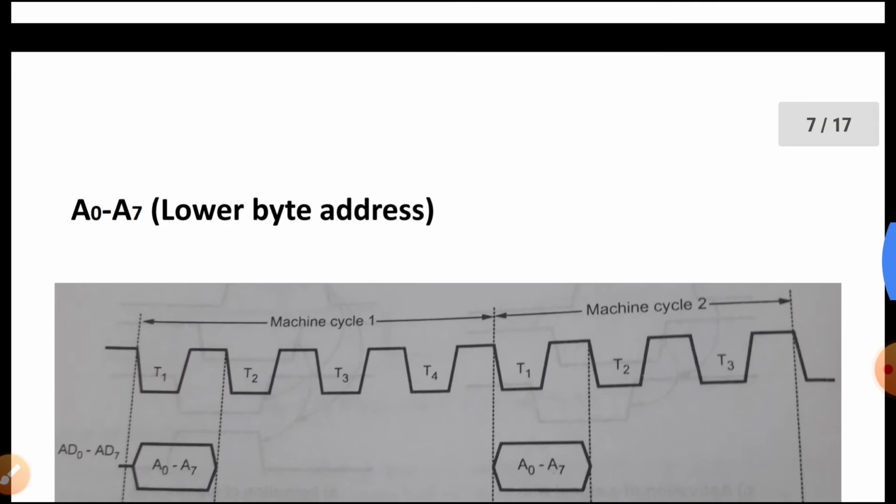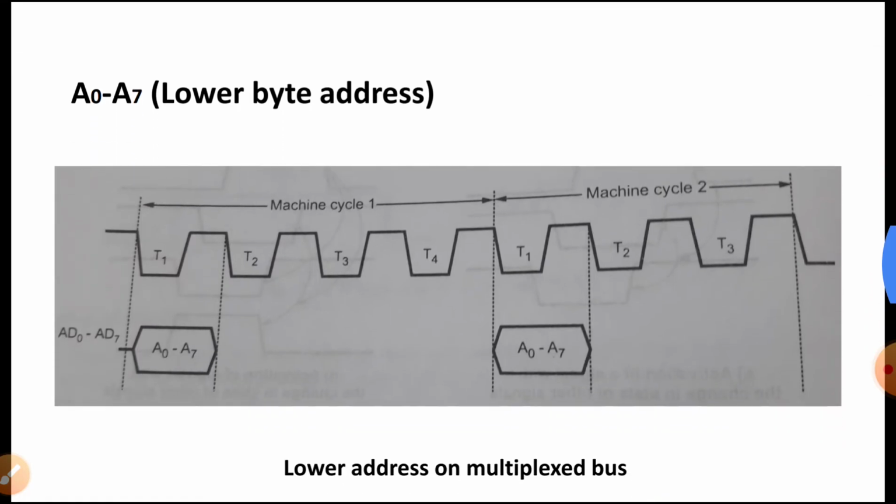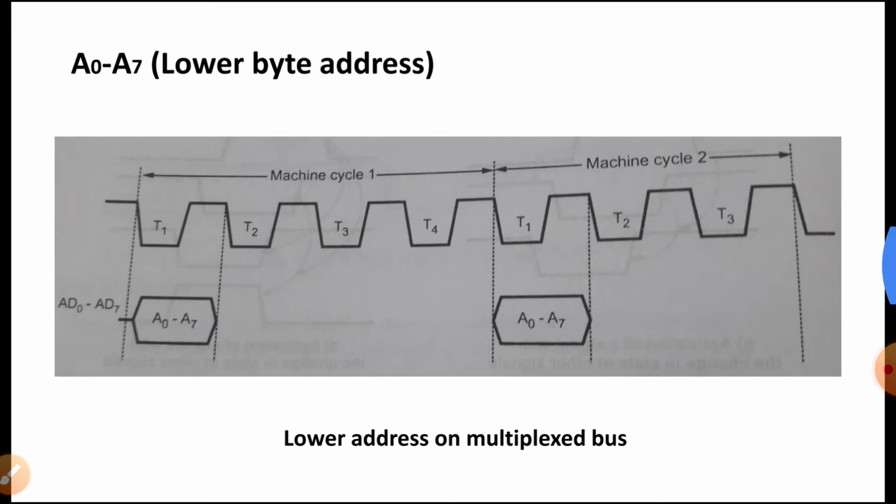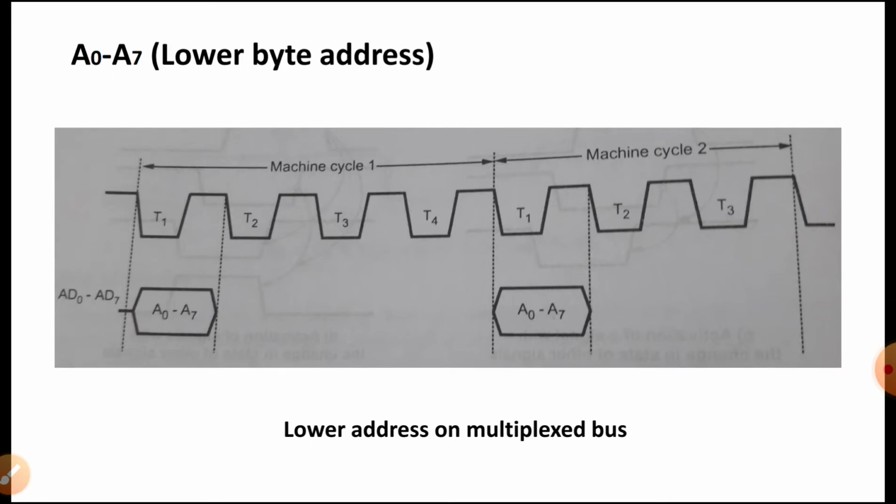Now, the second one is A0 to A7, that is the lower byte address. This lower byte of the address is available on the multiplexed address and data bus, that is AD0 to AD7, during the T1 state of each machine cycle, meaning the first state of each machine cycle.